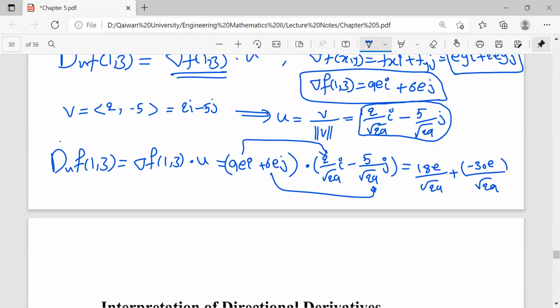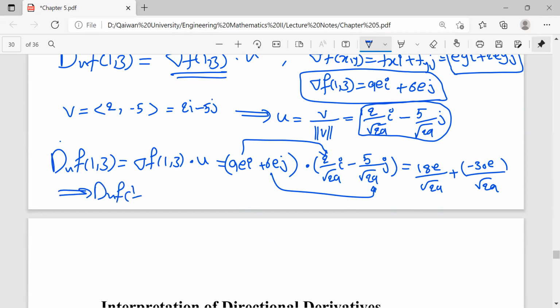And the result is, here we find the common denominator, which is square root of 29. We get minus 12e over square root of 29. This is the directional derivative. Let me write it down here.